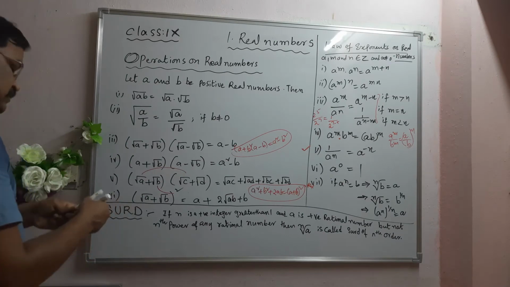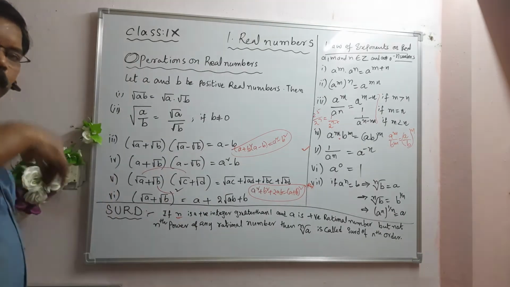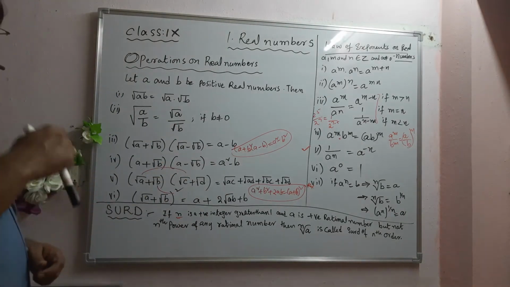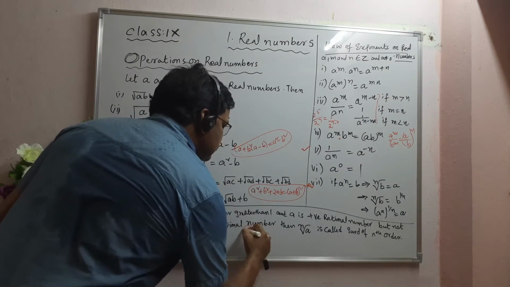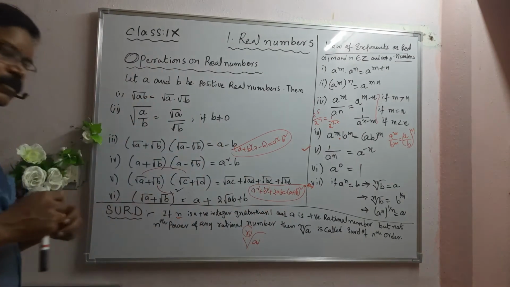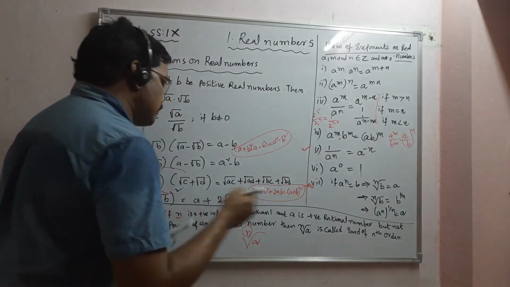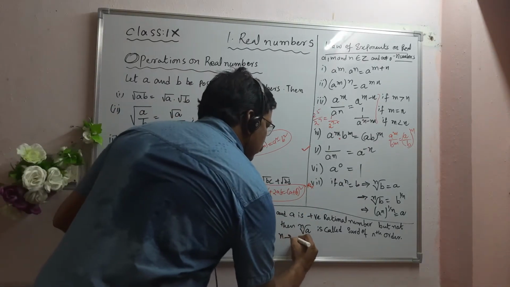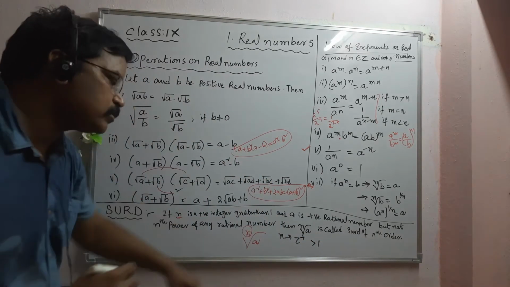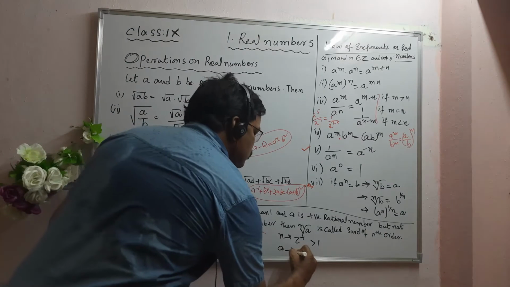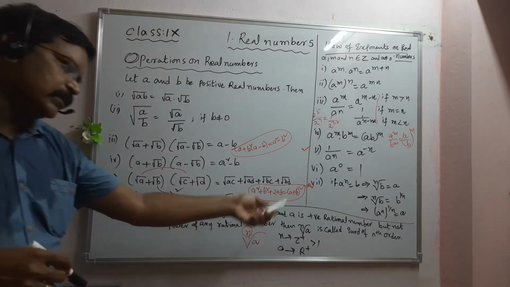Here, if n is a positive integer that is greater than 1, and here this a is a positive rational number, but not nth power of any rational number.